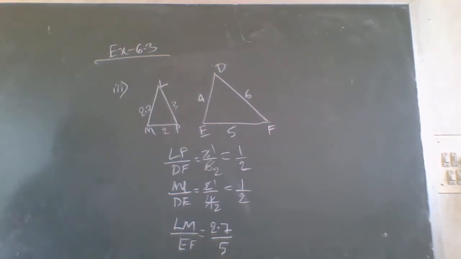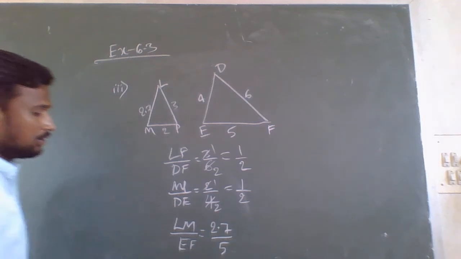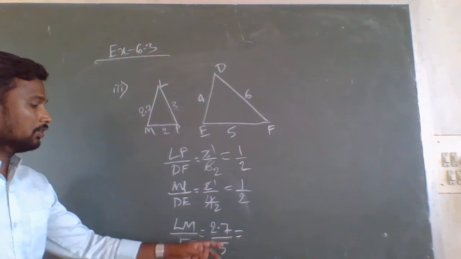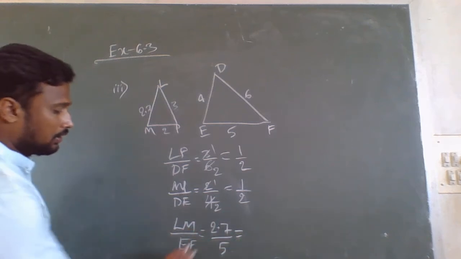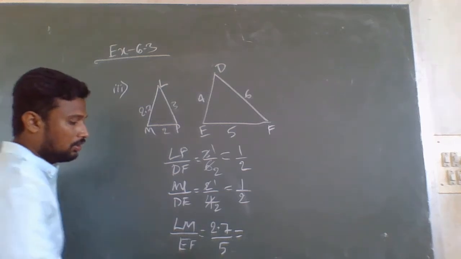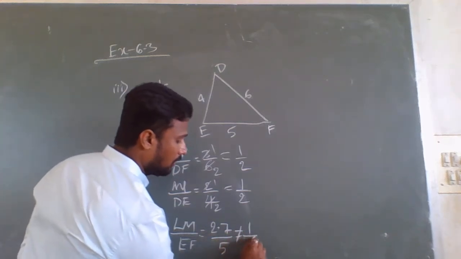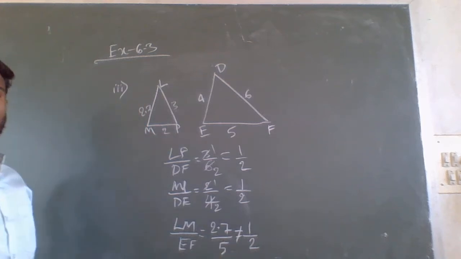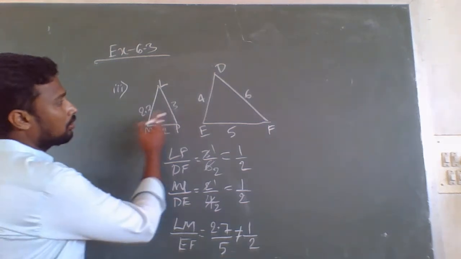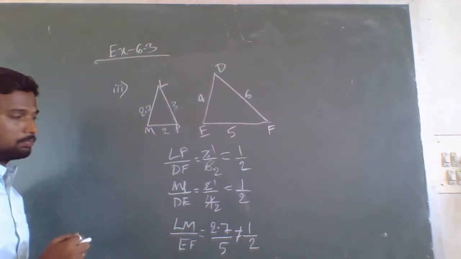If it were 2.5 by 5, then we would get 1 by 2. But here it is 2.7 by 5, so we will not get 1 by 2. It is not equal to 1 by 2. Therefore, here all the corresponding sides are not proportional.